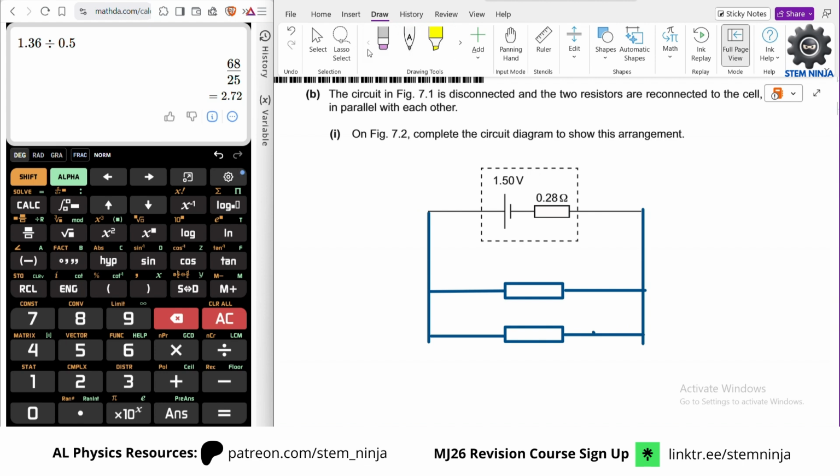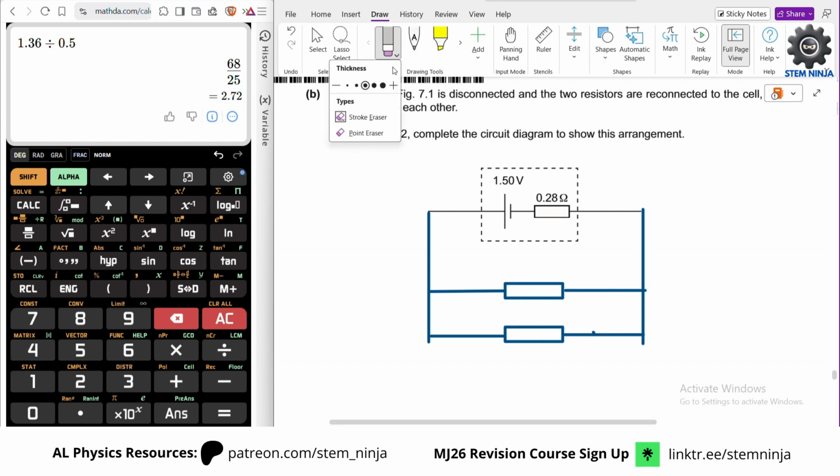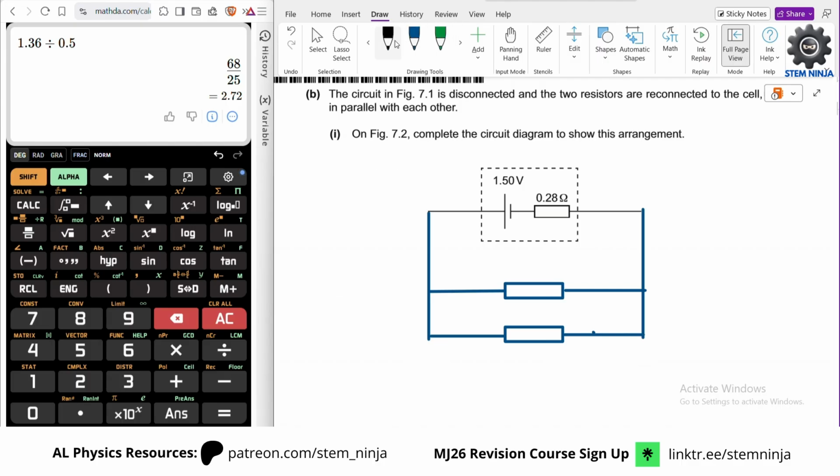Right, okay, let's make it a little bit neater. Okay, to clarify, this is a junction, this is a junction, and this is your 1 ohm resistor, and this is your 1.72 ohm resistor.